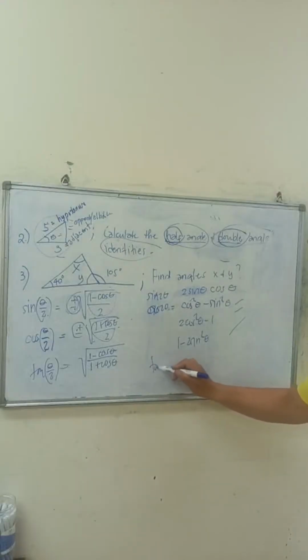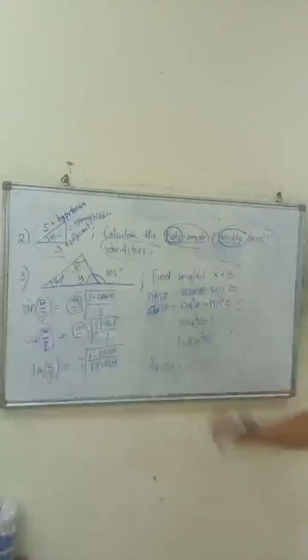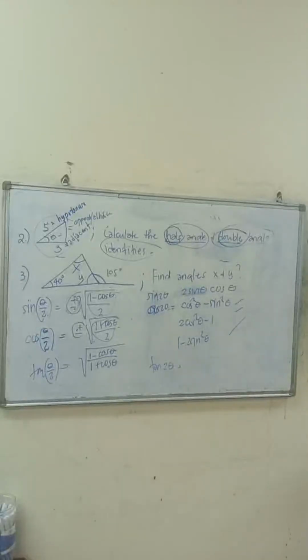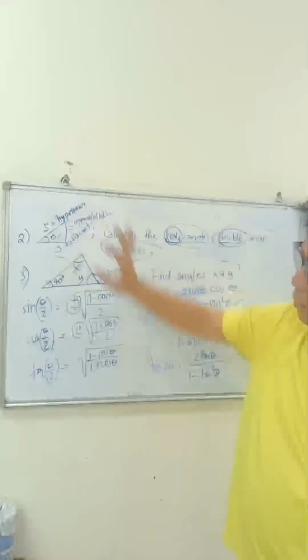So we have here tangent of two theta. What is the definition or the formula of tangent of two theta? You take two tangent theta over the basic Pythagoras, 1 minus tangent squared theta. This is the formula of tangent of two theta. So why did I introduce the formulas of half angle and double angle? Because we need to solve this one by one.